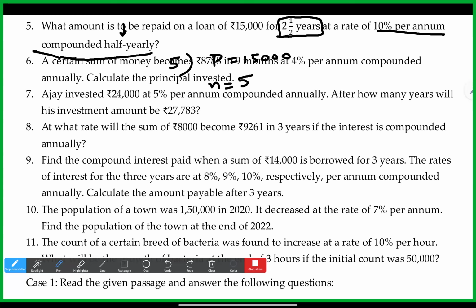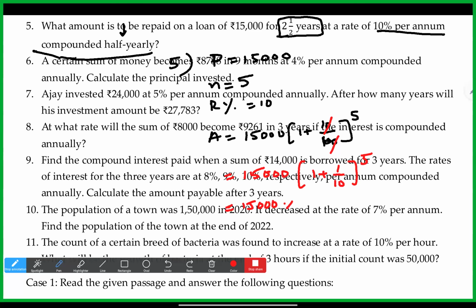So 15,000 into 1 plus 1 by 10 whole power 5. So 15,000 into 1 plus 1 by 10 is 11 by 10, 11 by 10 whole power 5, which is 15,000 into 11 by 10 into 11 by 10 into 11 by 10 into 11 by 10 into 11 by 10.